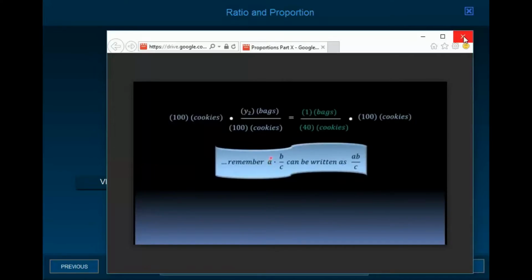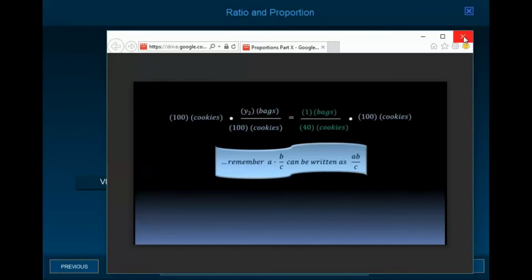If we have something like A times B over C, this can be written as A times B all over C. And we are going to do that here with our expression, 100 cookies times y sub 2 bags over 100 cookies.